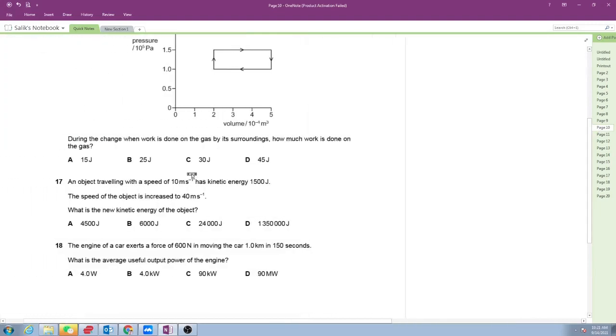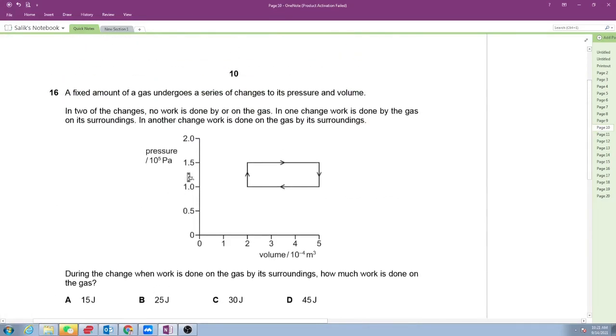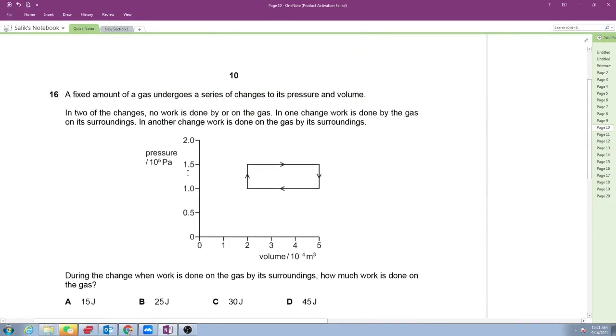Next question is question number 16. A fixed amount of gas undergoes a series of changes to its pressure and volume. In two of the changes no work is done by or on the gas, in one change work is done by the gas on its surroundings, and in another change work is done on the gas by its surroundings.